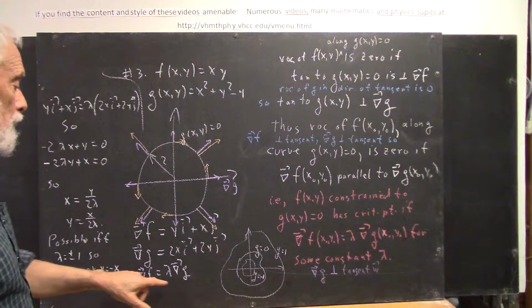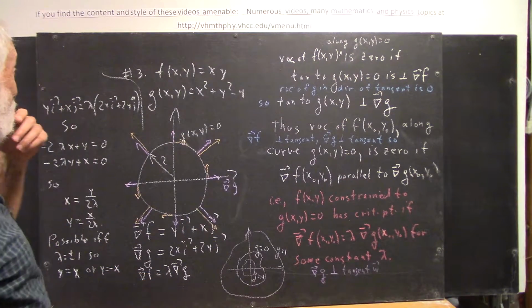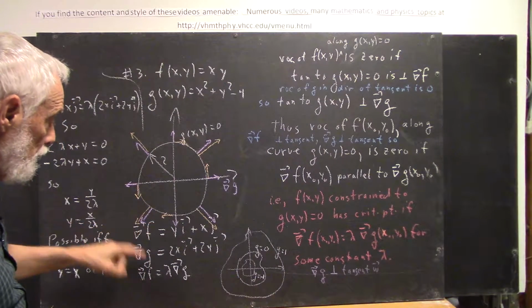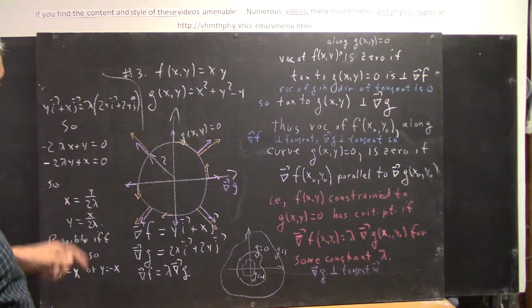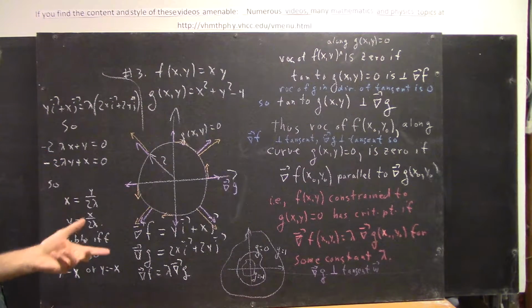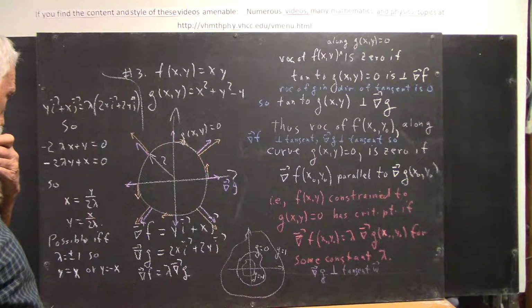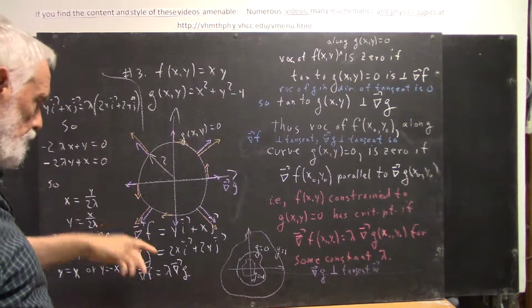So del f equals lambda del g gives you what? Well, this component of del f is lambda times this component of del g.